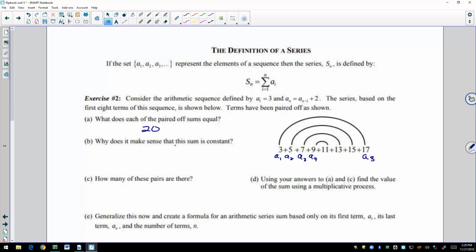Why does it make sense that this sum is constant? So why are you getting 20 every time you pair those guys off? The first with the last, and then the second with the second to the last. So it should make sense because as one term increases by 2, the other decreases by 2.